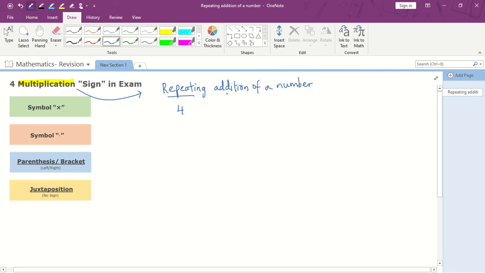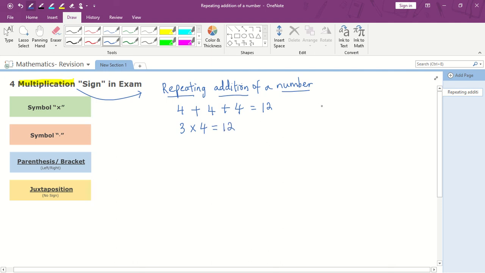Because it's repeating, I put 4 again, and because it says addition, I add addition here. So 4 plus 4 plus 4 is equal to 12. It's repeating 3 times, 1, 2, 3, all are 4. So 3 times 4 is equal to 12, which is the same.